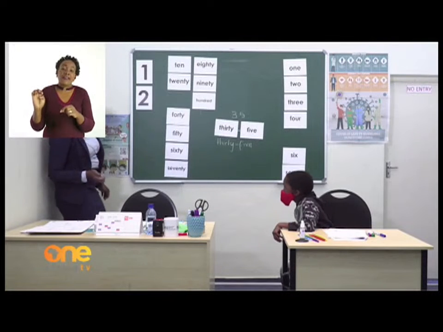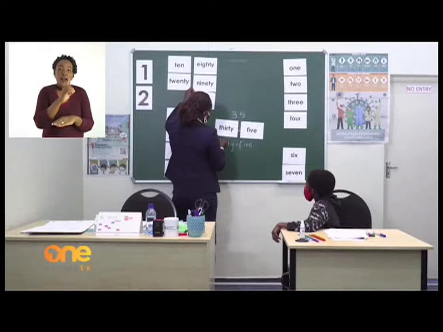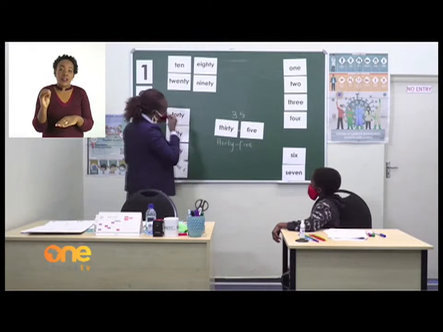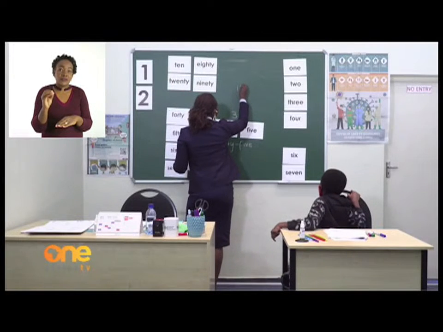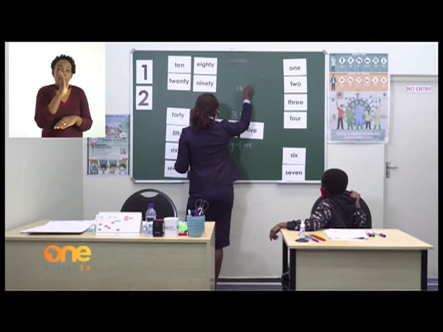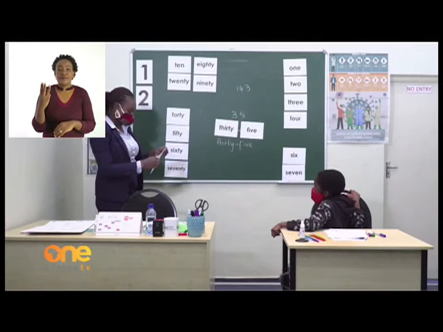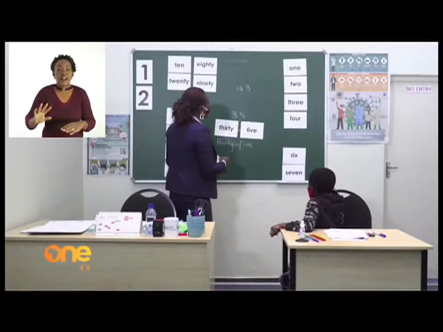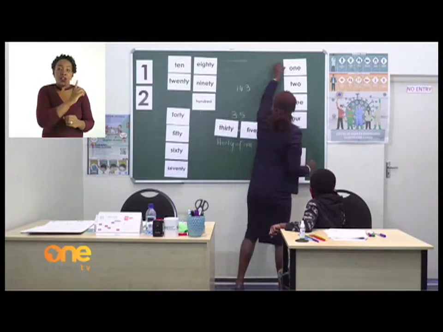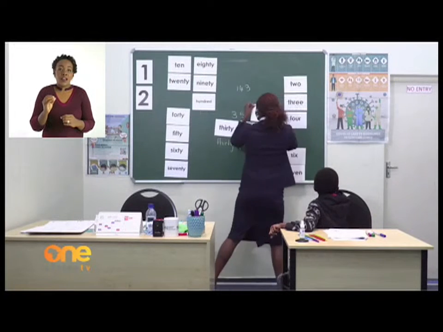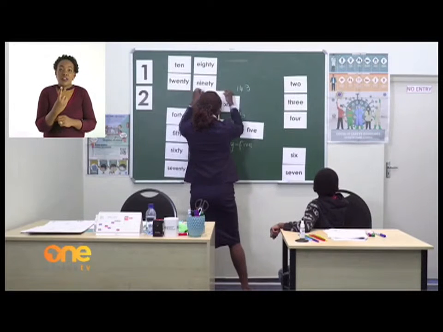Let me give you an example of 100. Let's say we want to give an example of 143. So this is what we are going to do. I'll put my 100 back. I'll take my 1. I'll put it here. I'll take my 100.